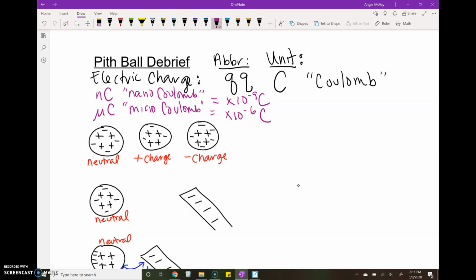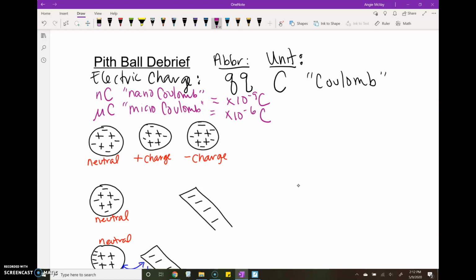Okay, so when we're talking about electric charge, if you have an even number of charges, so for every negative charge there's a positive charge, then that means the object is electrically neutral. The positive charge cancels the negative charge and the object becomes electrically neutral.